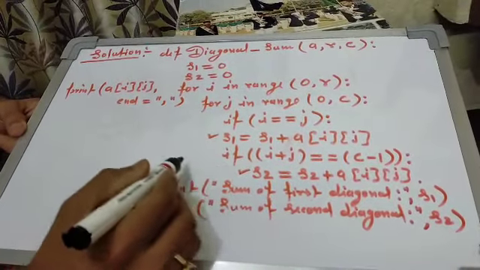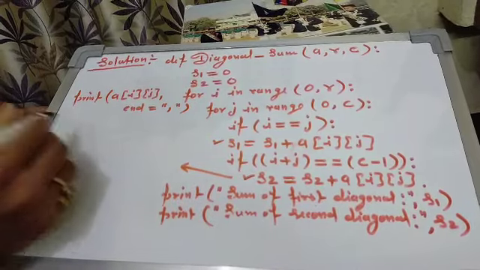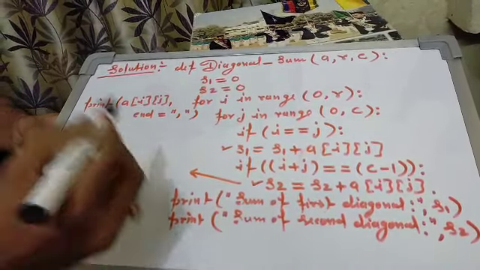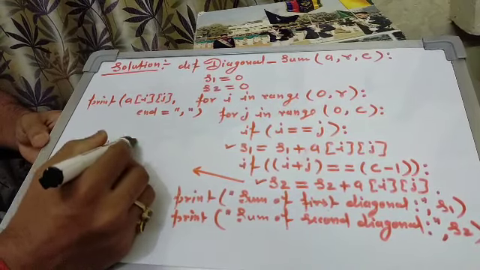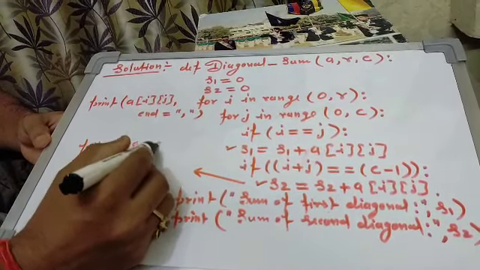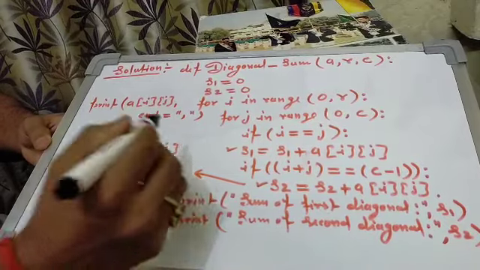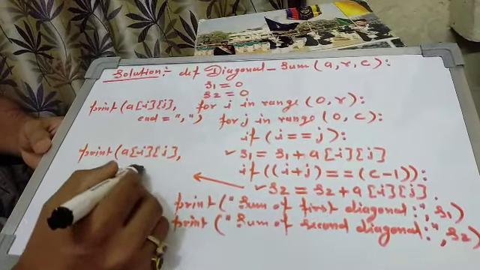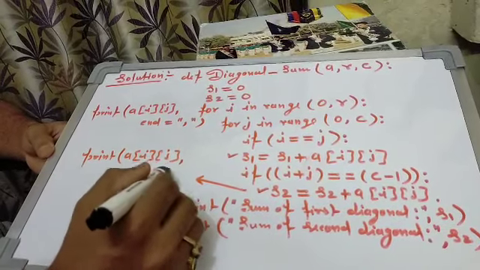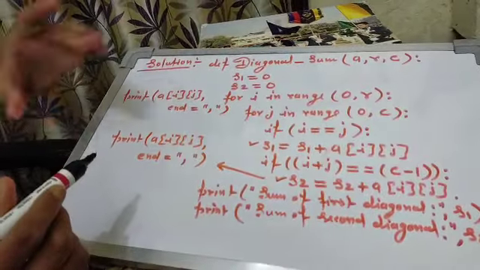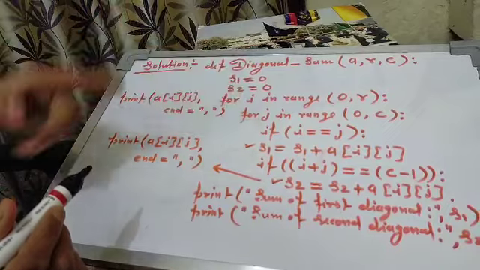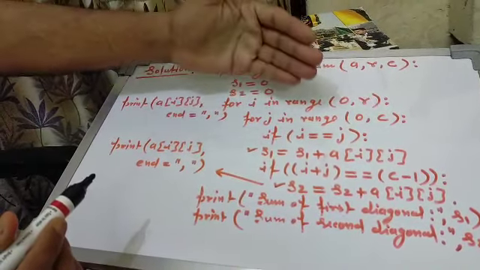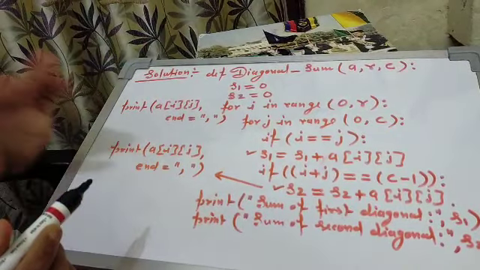So here we can print a[i][j] and comma and end equal to. Here I am separating the elements with comma, so the elements will be printed separated by comma.